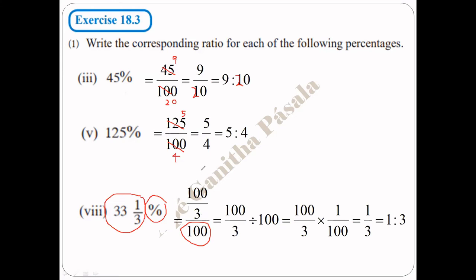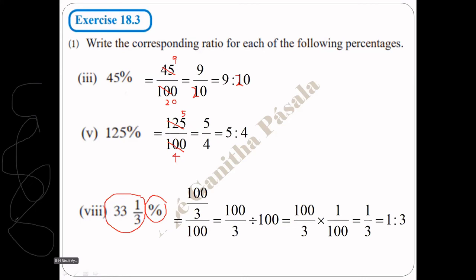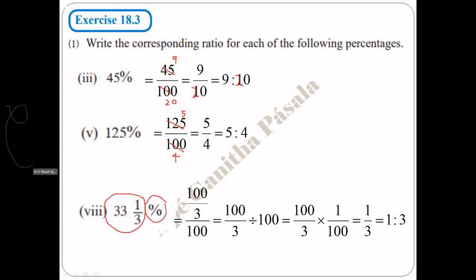Now, how to simplify this? 100 over 3 over 100 means 100 over 3 divided by 100.